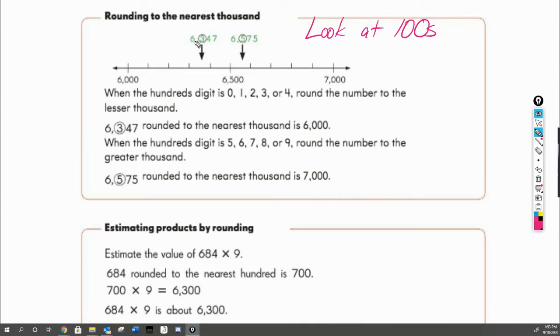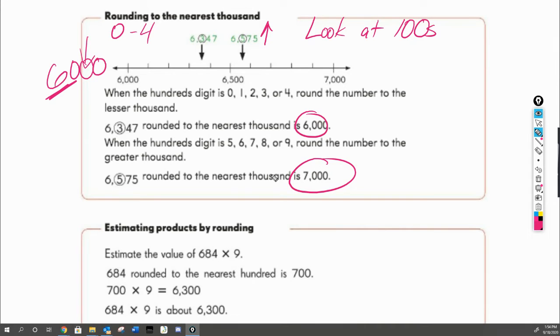So when you have 6,347, when that hundreds place, that following digit, is a 0 to a 4, we round down, or you'd say you keep the thousands place the same. So then it's going to be 6,000 right there. When you have anything 5 or above in that following digit, if your hundreds digit is 5, then you're rounding up, which means 6,575 rounded to the nearest thousand is 7,000.